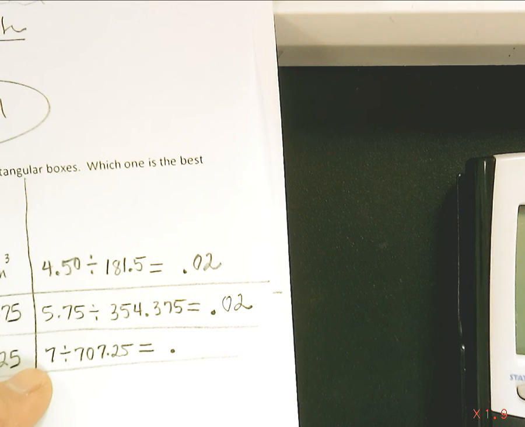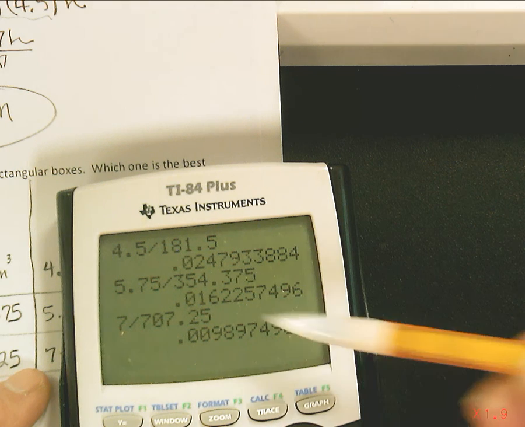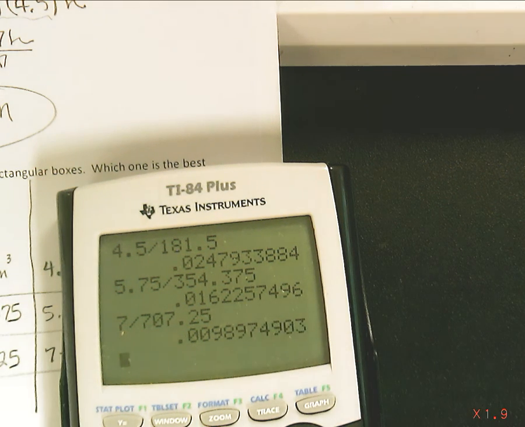What'd you get, Brock? Did you get 0.009? Now, how does that round off? 1 cent. Rounds off to 1 cent. So the large popcorn is the better buy. That's not always the case, but the large popcorn is the better buy.